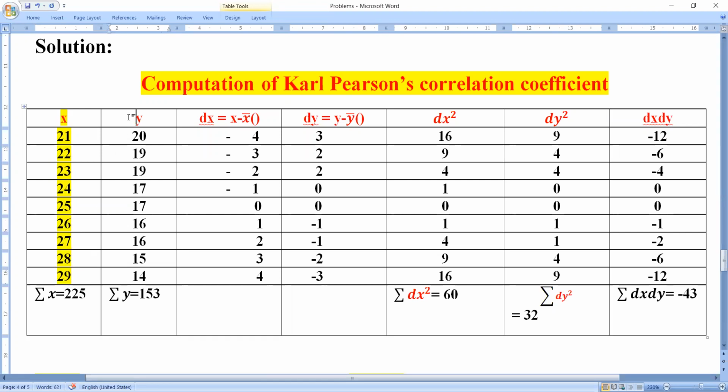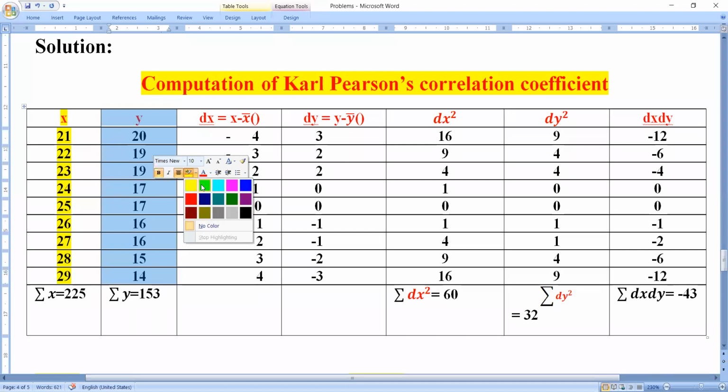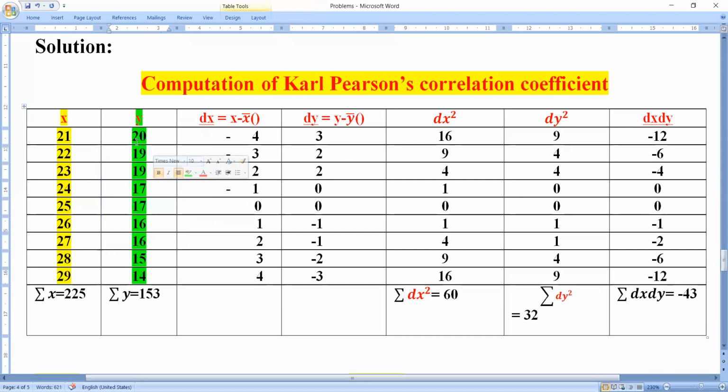After that, write down the Y series: 20, 19, 19, 17, 17, 16, 16, 15, 14.